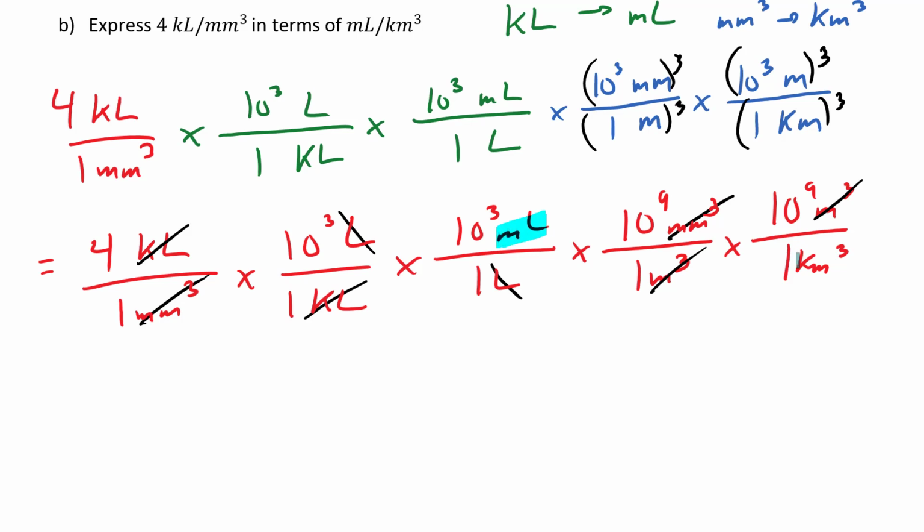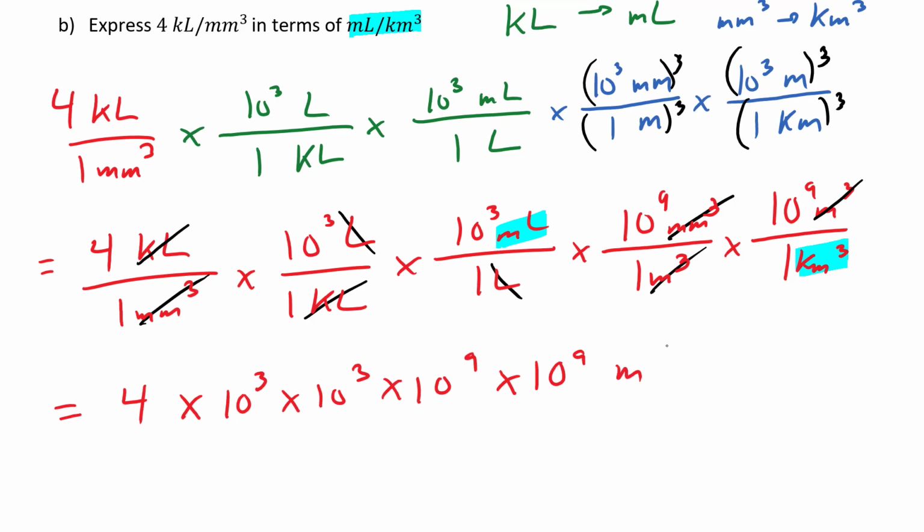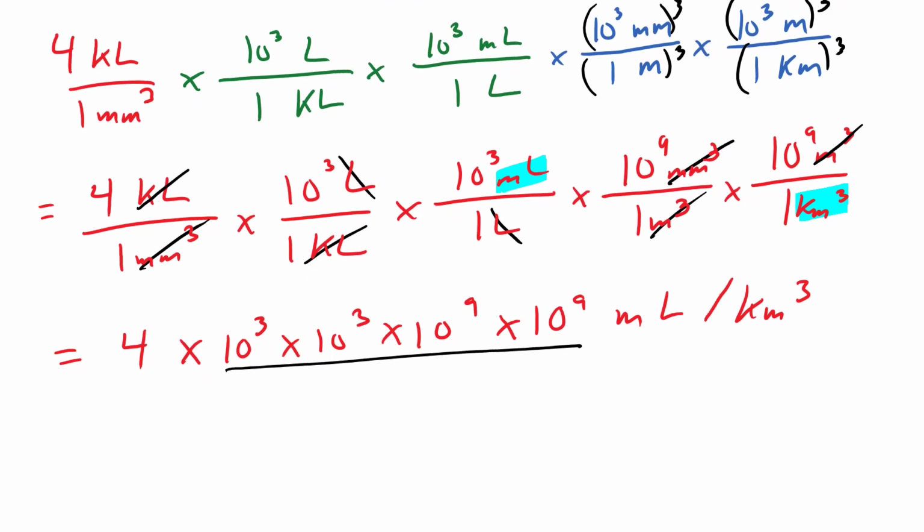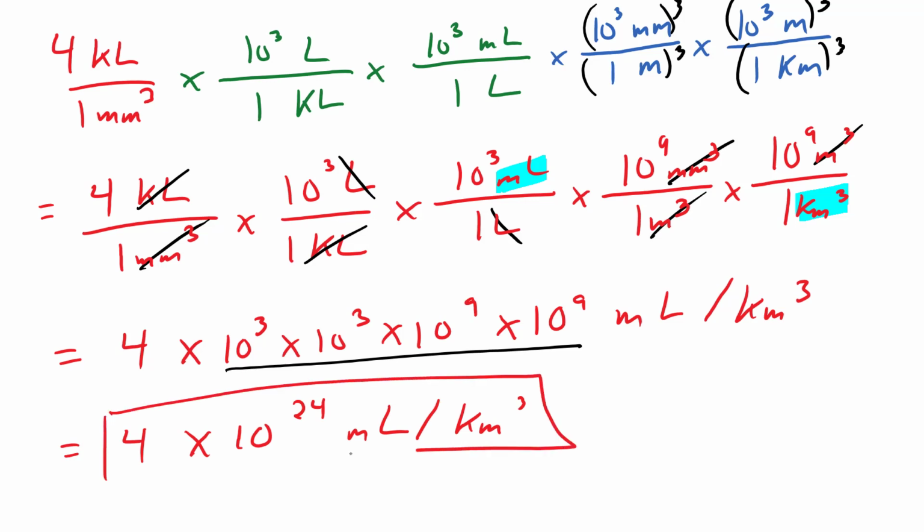Leaving me with milliliters per kilometer cubed. 4 times 10 to the 3 times 10 to the 3 times 10 to the 9 times 10 to the 9 milliliters per kilometer cubed. Combine all of these. 3 plus 3 is 6, plus 9 is 15, plus 9 is 24. In proper scientific notation, therefore that is your final answer.